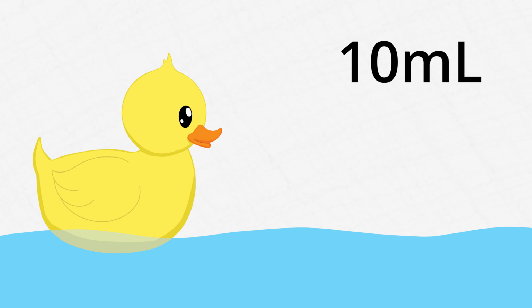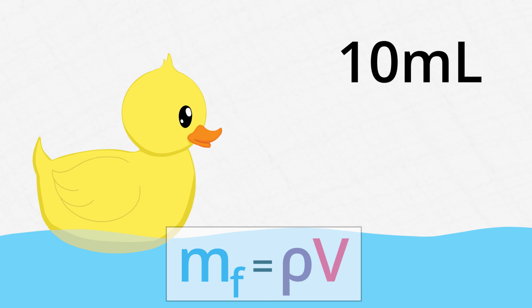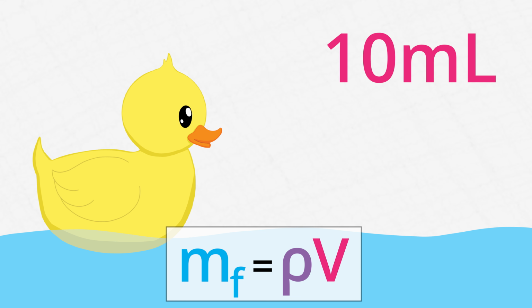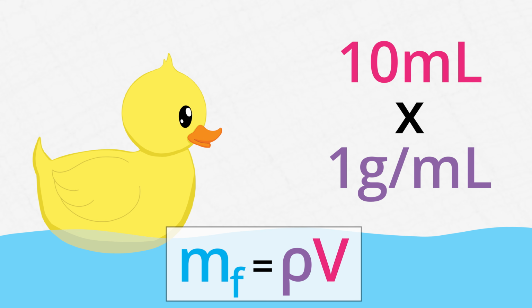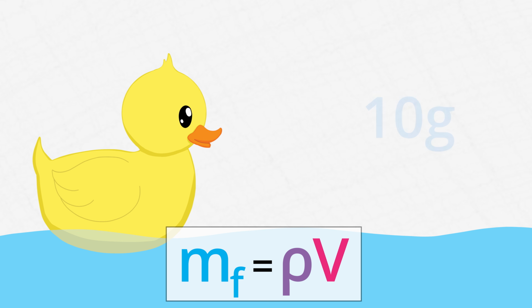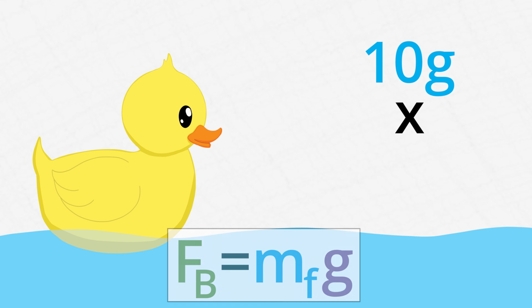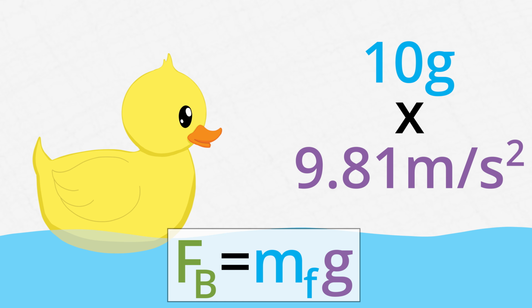Say you have a rubber duck displacing 10 milliliters of water. We figure out the mass of that water by multiplying the volume we are given, 10 milliliters, by the density of water, 1 gram per milliliter. Thus, the mass of that water is 10 grams. Then we multiply that by gravity, which is 9.81 meters per second squared.